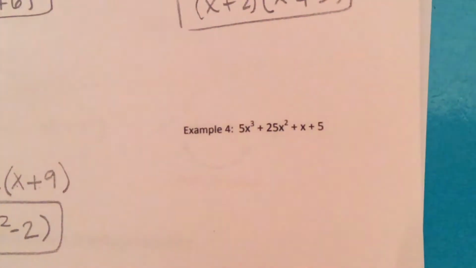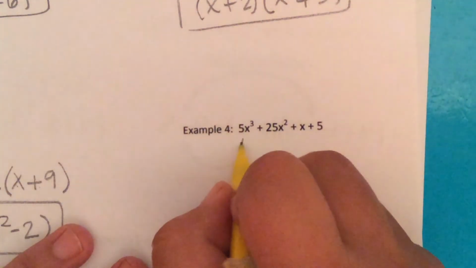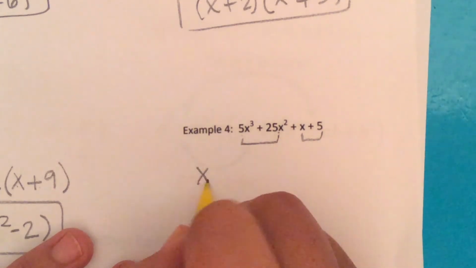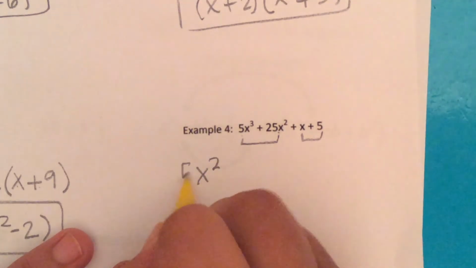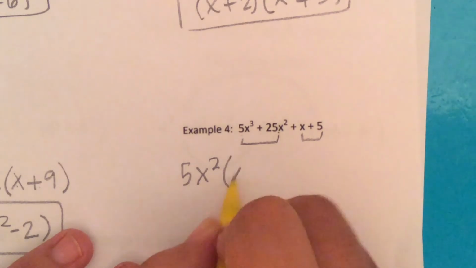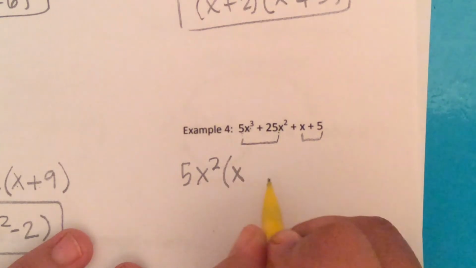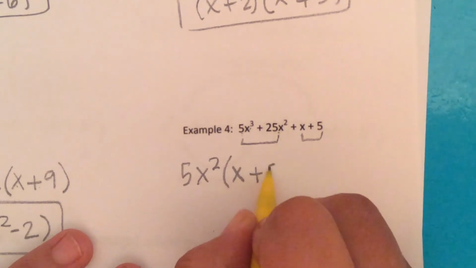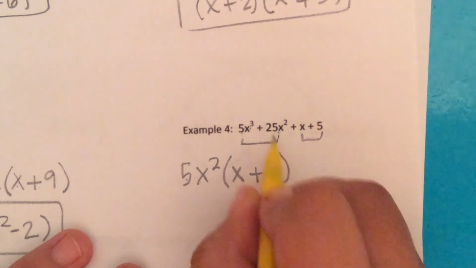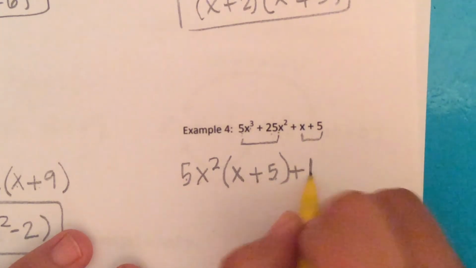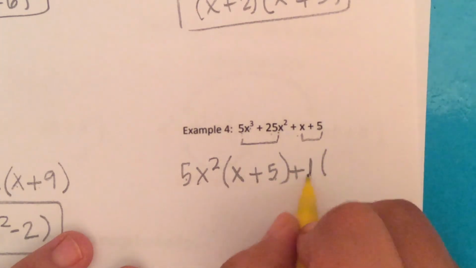Okay, then over here we have these two and these two. So here we have x squared and a 5 as well. So that's going to be times x. So 5x squared times x is 5x cubed plus 5, because 5 times 5 is 25. You already have the x squared there. Now this, they don't have anything in common except for 1.